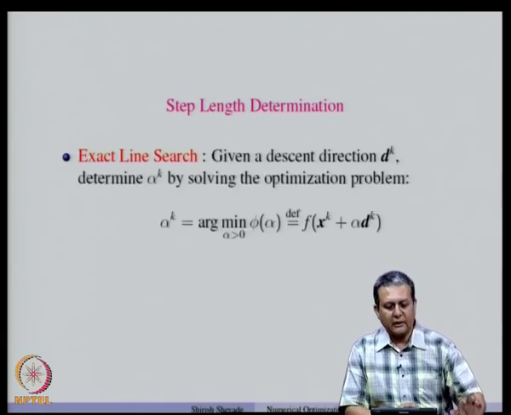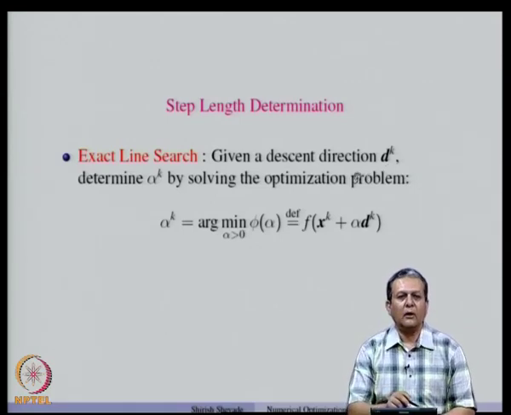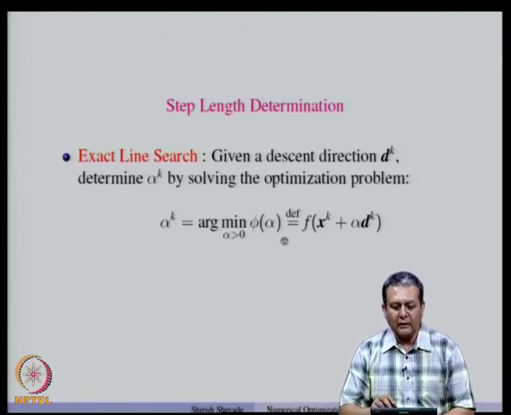So, in exact line search, given a descent direction d k, one determines alpha k by solving another optimization problem. Remember that we are interested in minimizing f of x k plus alpha d k, where alpha is greater than 0.